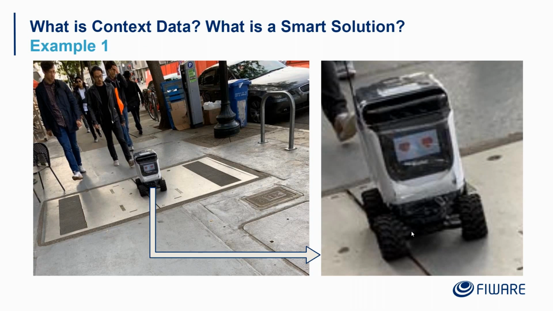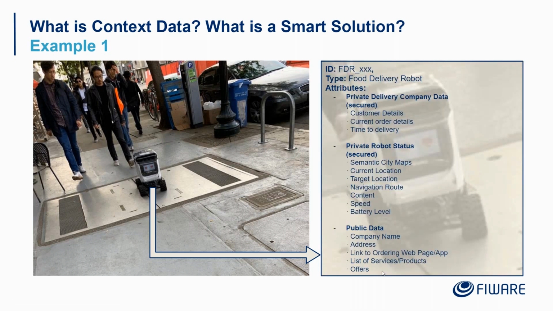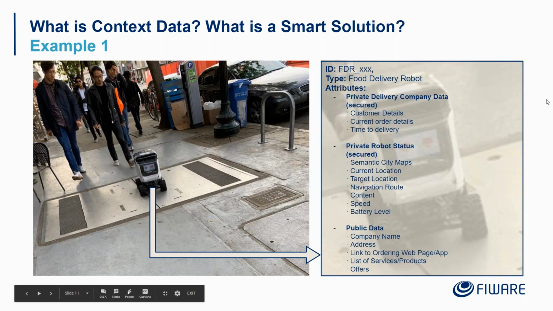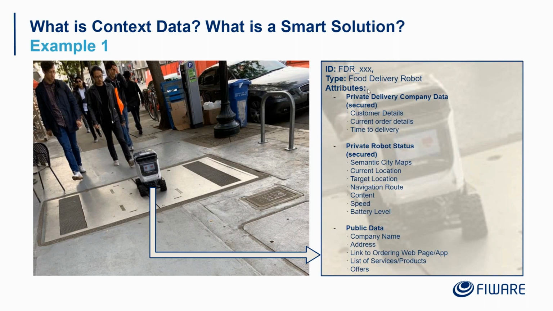If we capture this picture of the world, we can translate it in some way to a context data model in which maybe our food delivery robot has its own ID, its type, and the attributes of our food delivery robot can be distinguished between private or secured and public data.